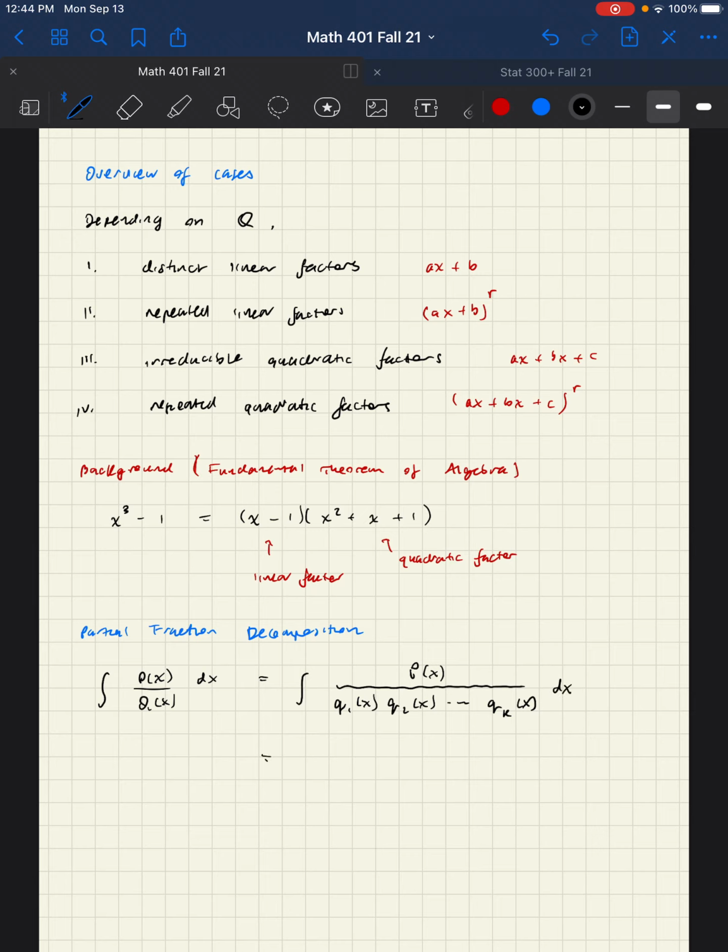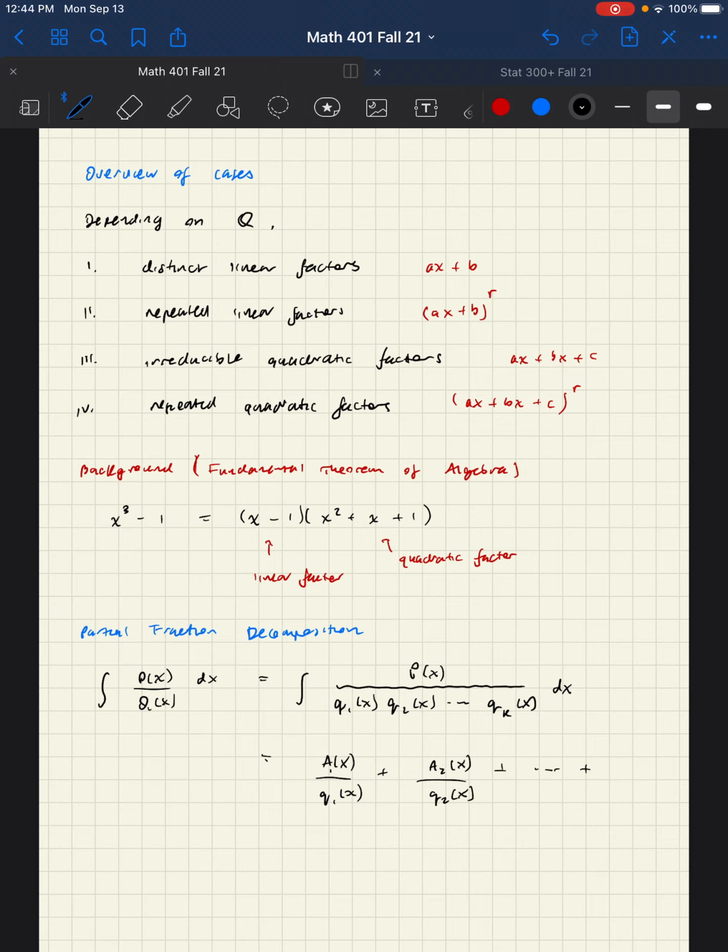Then we're going to be able to take that fraction and split it up into different pieces, one for each linear or quadratic factor, possibly more. So there will be a few corresponding to q1 of x, and something else will be up here, right? So we'll call that a1 of x over q1 of x, plus a2 of x over q2 of x, plus and so on.